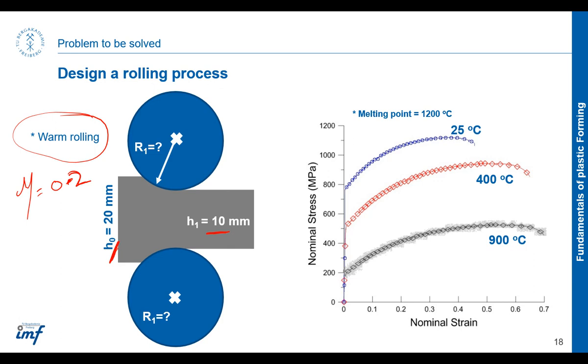Considering that, if this is a symmetric process, so these both rollers have equal roll diameters, I would like you to calculate this radius.